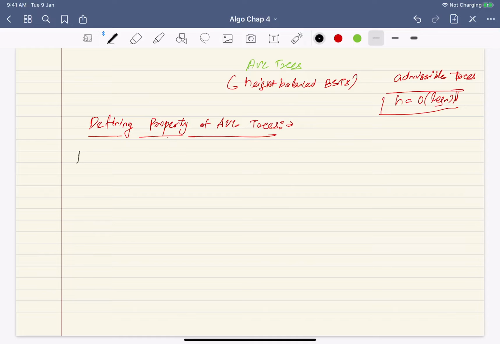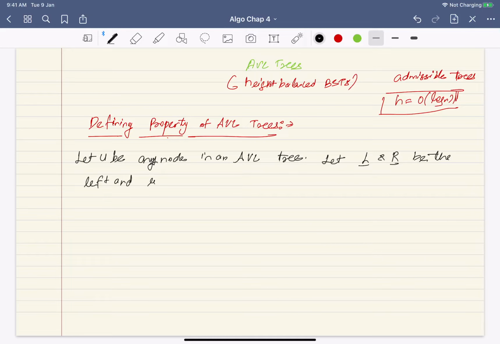Let U be any node in an AVL tree, and let L and R be the left and right subtrees of U. Then for the defining property, we must have the absolute value of height of R minus height of L be less than or equal to 1.